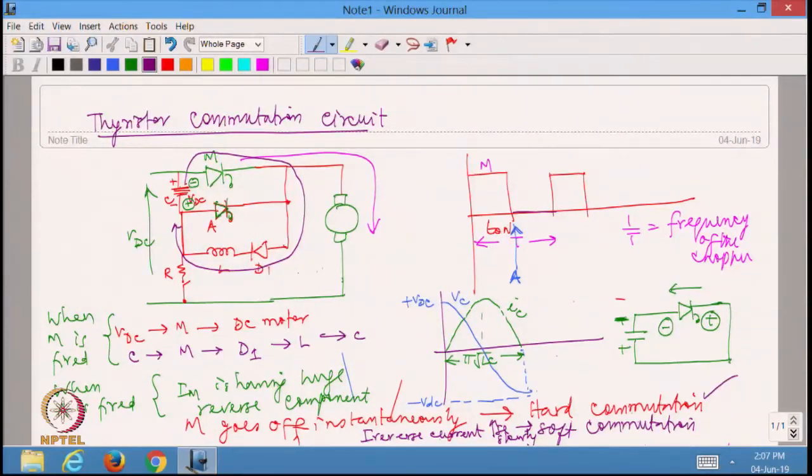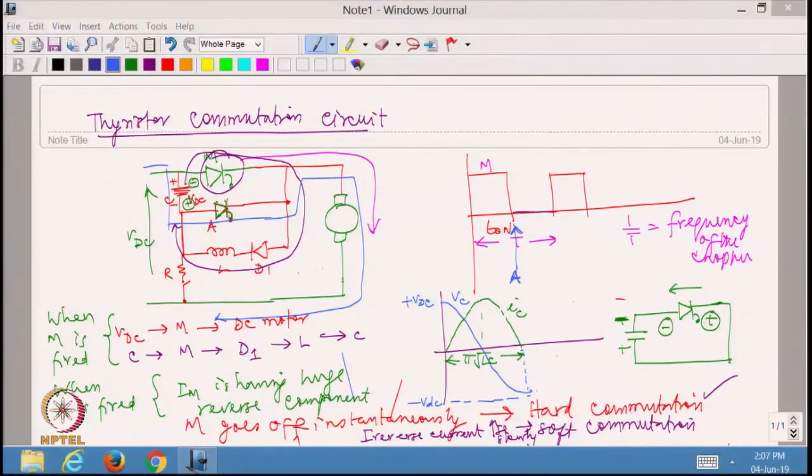Once the commutation takes place, this M is not going to conduct anymore. When M is not conducting anymore, now the path for the current will be through the capacitance like this, through the auxiliary thyristor and through the freewheeling diode, through the DC motor drive like this. That will happen until the capacitance charges to plus and minus like this, fully to VDC, after which the capacitance will act like an open circuit.